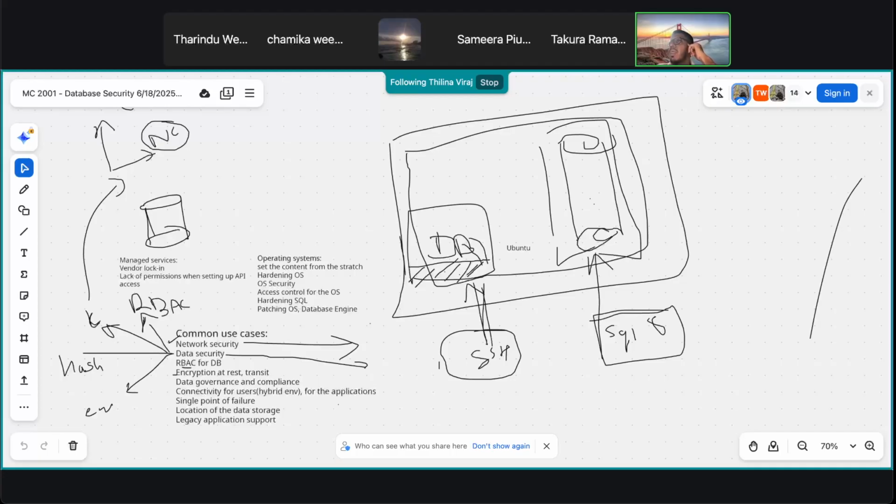Number one, when it comes to encryption, the resource utilization will be going up. And that will have additional cost as well, because more resources are being utilized to work on those things.